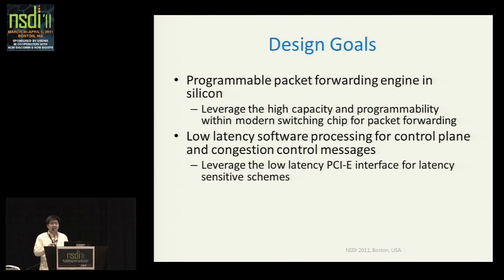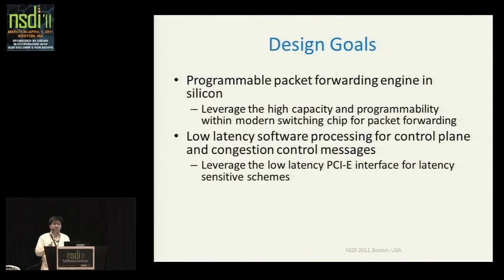Second, we would like to have low latency software forwarding for both control plane and congestion control messages. In existing switches and routers, the control plane messages are already processed by their embedded CPU. However, explicit congestion control messages are still implemented in hardware.